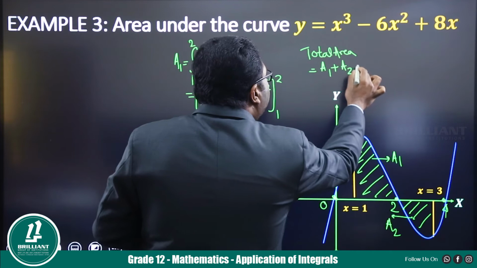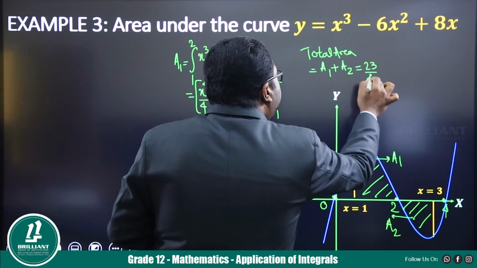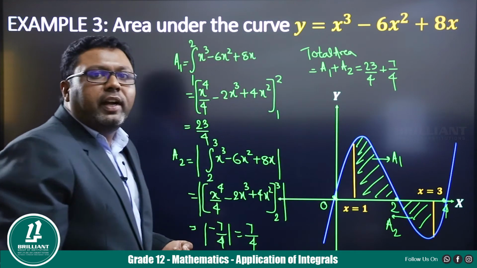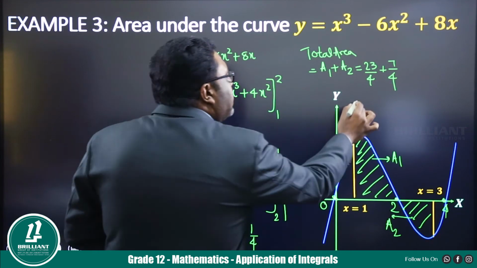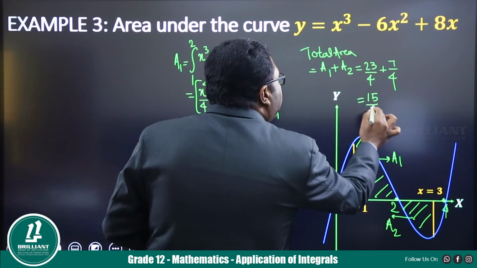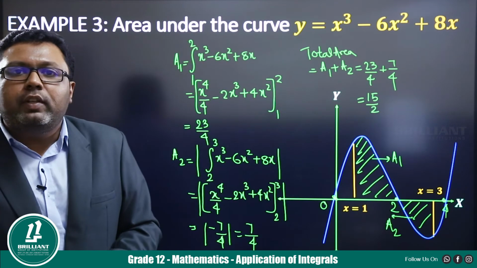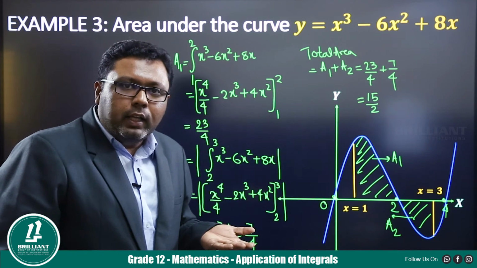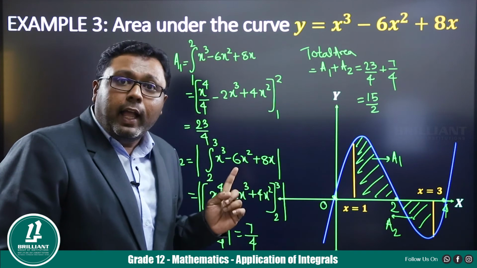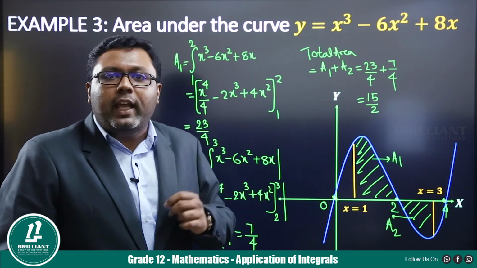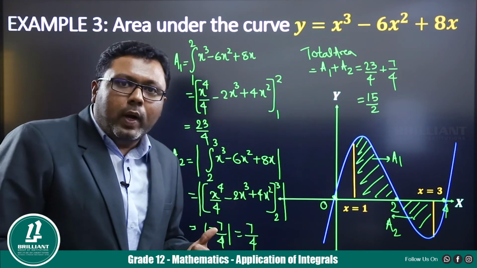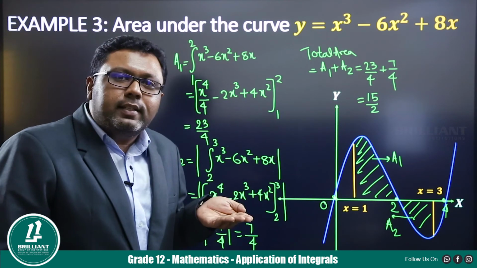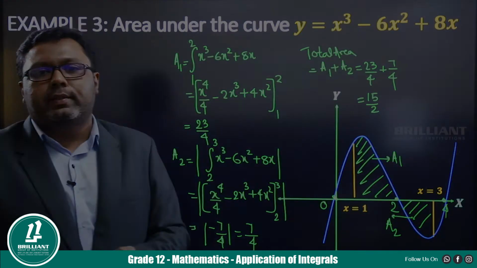You're going to add the two values, 23 divided by 4 with 7 by 4. The answer is 15 divided by 2. That is the total area bounded by the x-axis and the curve with the abscissas x is equal to 1 and x is equal to 3, where the area lies above the x-axis and below the x-axis.